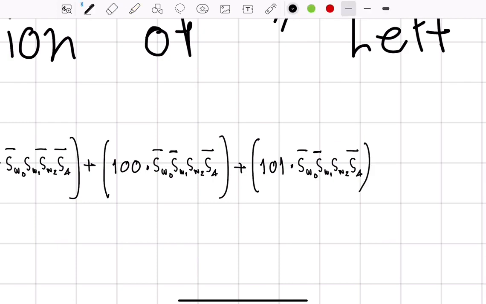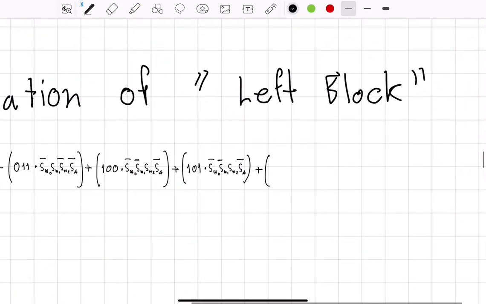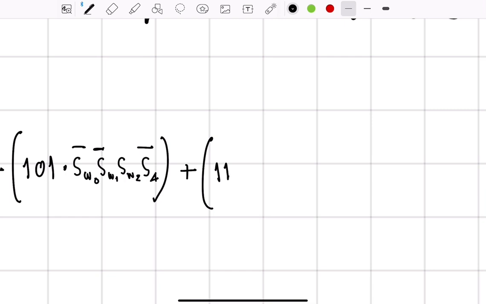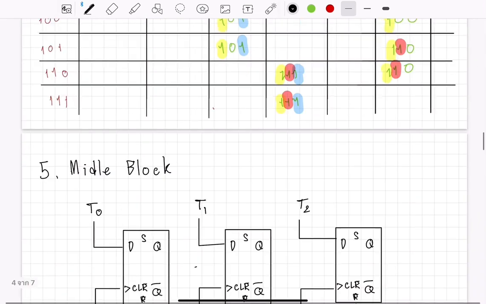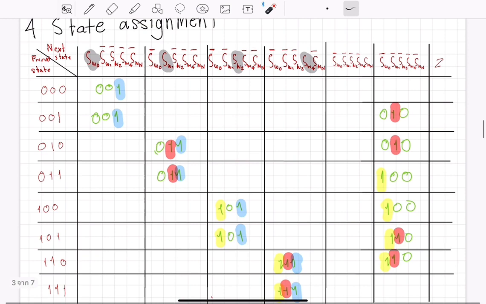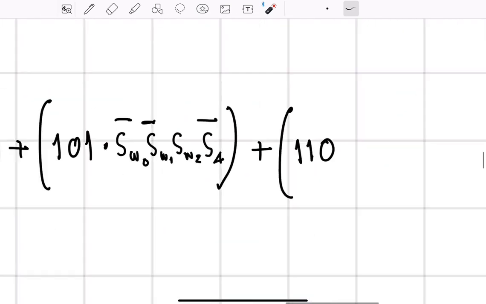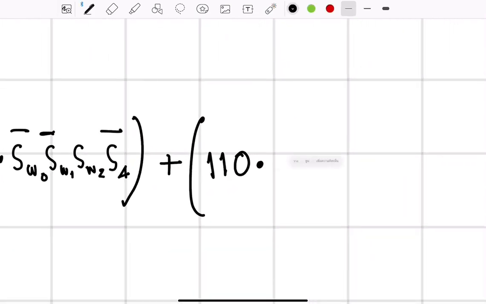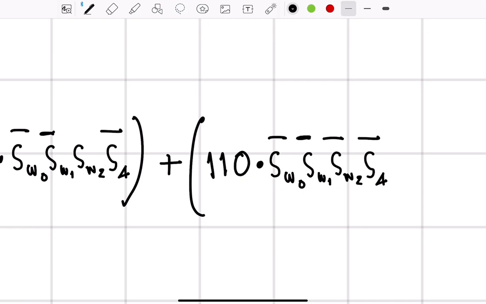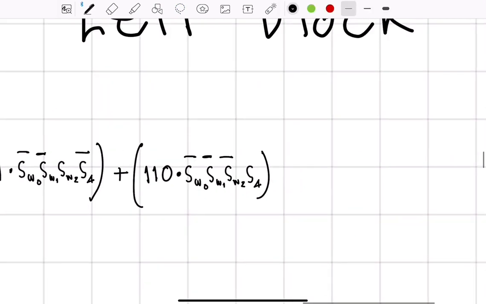Okay, and 1 0 state 1 0, if next present state leaves switch 4, present state leaves switch state 6, sorry, state 6, and leaving state 7. That means state 7. Alright, and last 1 1 1.